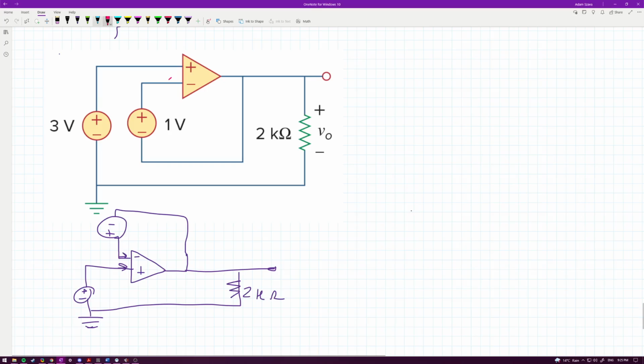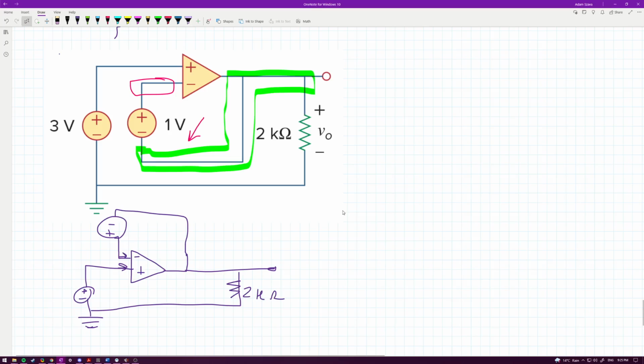Not necessarily. It just means that this minus this is 1. That's all we know: the voltage here, whatever it is. For voltage sources, like the previous example, the node right above it would be 1 volt higher than this.